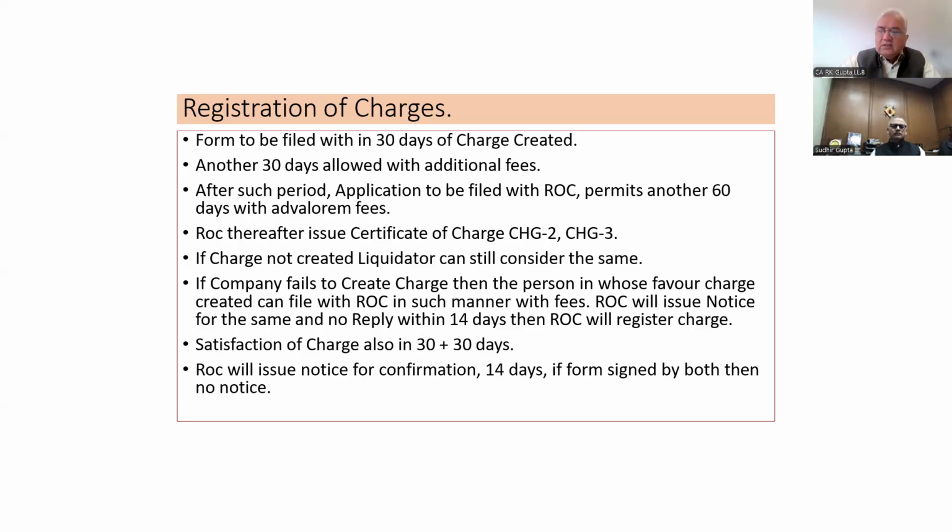In this case, the person who has applied will pay the fees. Satisfaction of charge similarly also has to be registered within a period of 30 days, and then another 30 days with additional fees. ROC will issue notice for confirmation within 14 days. If the form is signed by both, then no notice.